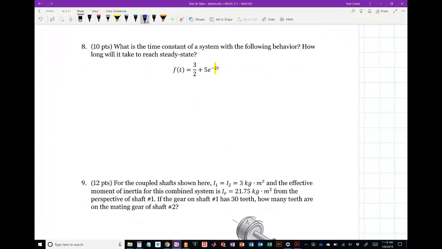Essentially whatever makes this exponent to be -1. So then tau, and this is just from eyeballing it, that's just going to be 1/2. Okay, so there wasn't really any math to do, it was just noticing. The time constant is whatever makes the exponent of the transient component be 1. Essentially 1 over whatever's there.